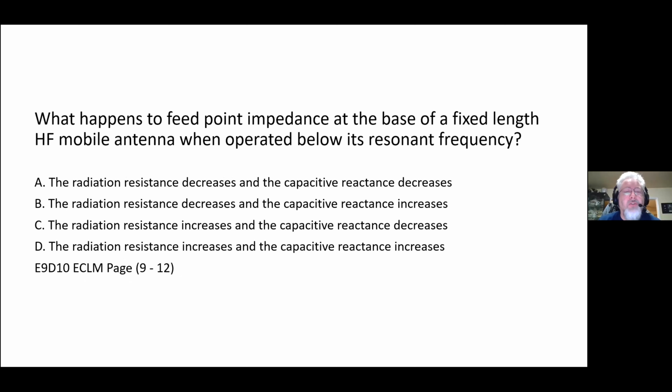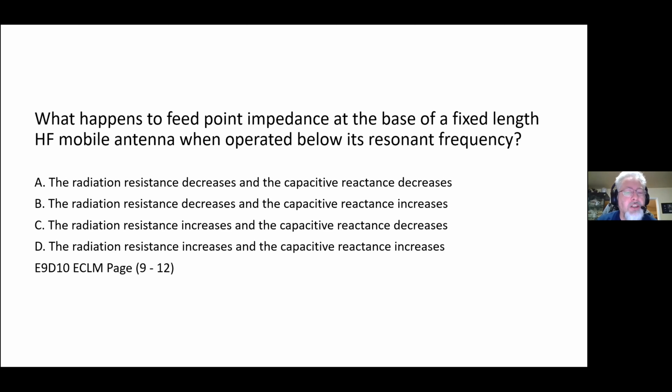What happens to feed point impedance at the base of a fixed length HF mobile antenna when operated below its resonant frequency? A, the radiation resistance decreases and the capacitive reactance decreases. B, the radiation resistance decreases and the capacitive reactance increases.